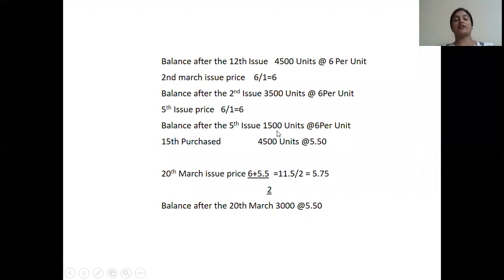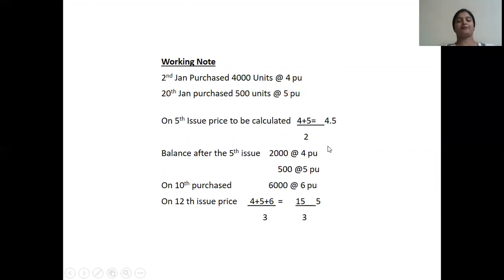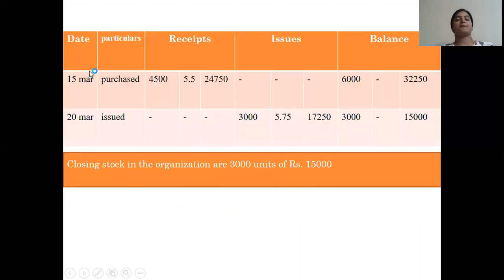Only 1,500 units at the rate of 6 per unit. That is left over. And again on 15th, we have purchased 4,500 units at the rate of rupees 5.50. Now, this is what we have done.